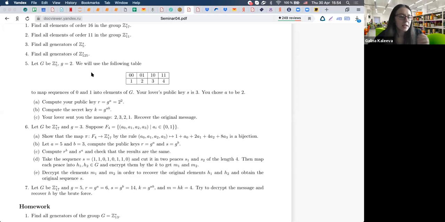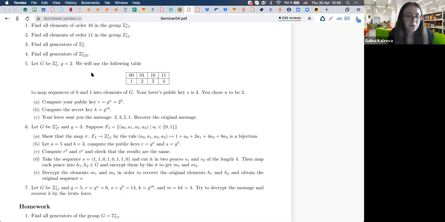We have the group Z5 star. The element G, previously chosen, equals 2, and we use a table which maps elements from our 4-element multiplicative group to some binary expressions.